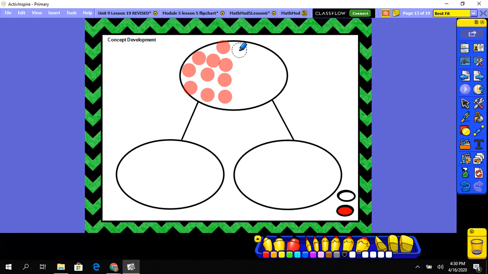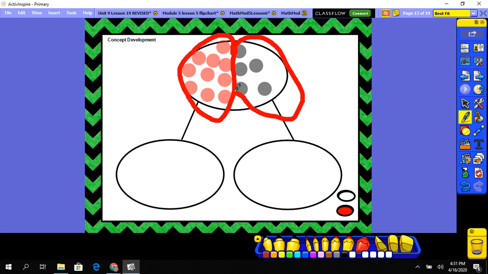What comes after 10? 11, 12, 13, 14, 15. Great job, Cardinals. If I want to take my 15 and break it into my two parts, I have my group of 10 and my group of 5.